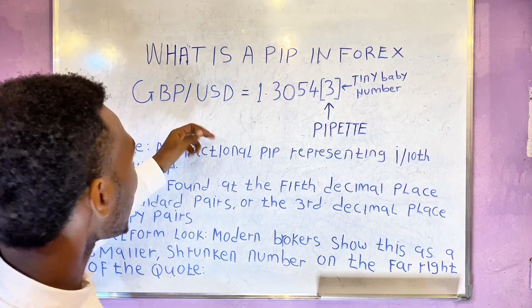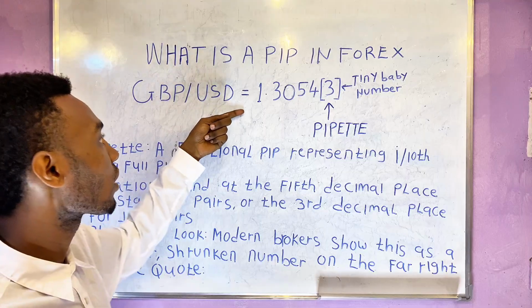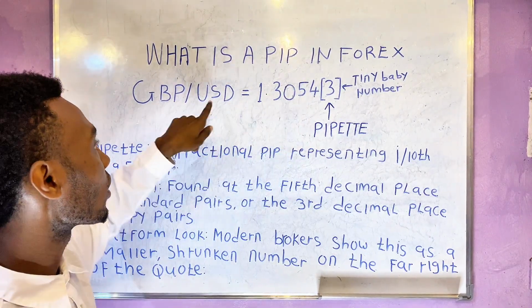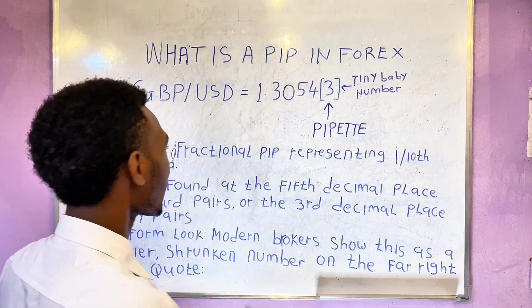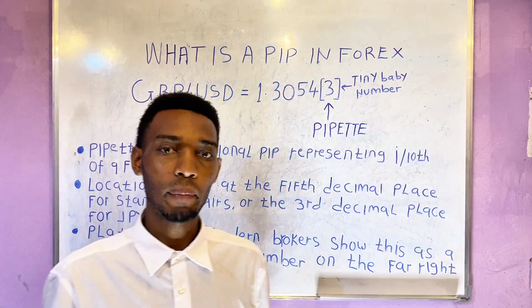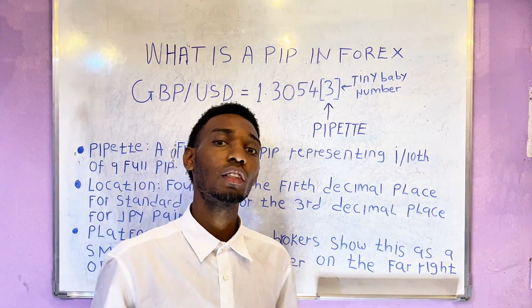Still on what is a PIP in Forex. There is this currency pair, the British pound and the US dollar, and this is the price of US dollars bought with British pounds. Here we are going to look at what is a pipette. We have looked at what is a PIP. Now, what is a pipette?